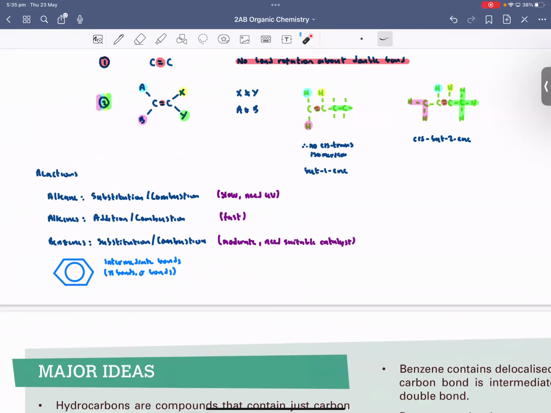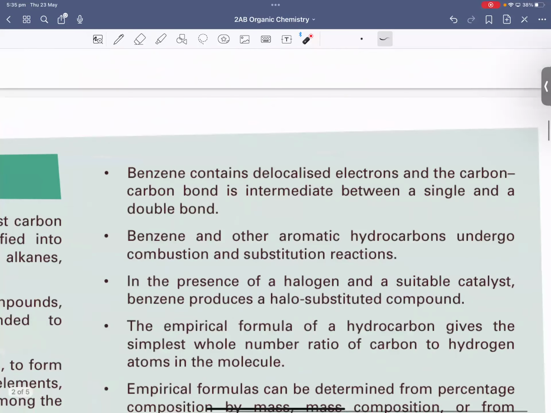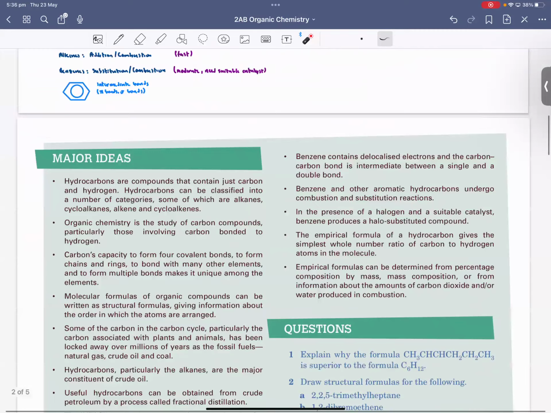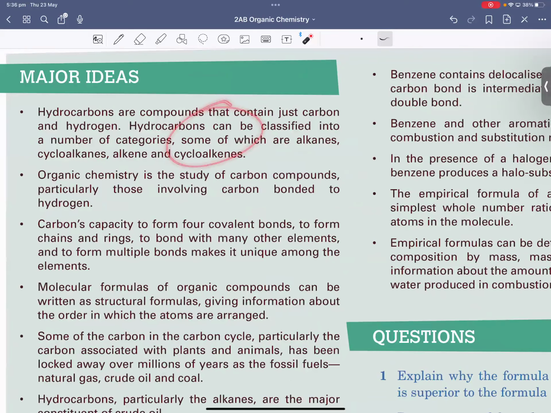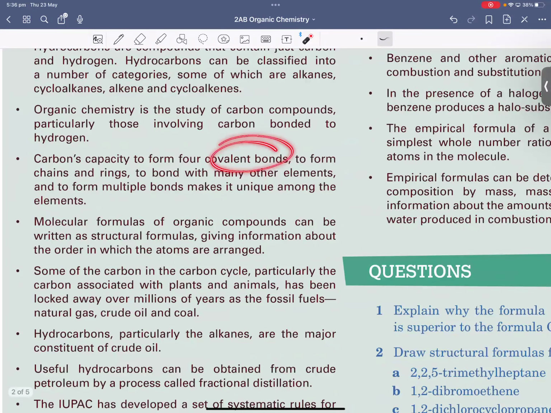That's what you did in year 11 organic. There was nothing else, and you did some empirical formulas, but that's all you did. So we review that. Let's check whether we hit every dot point. Hydrocarbons are compounds that have carbon and hydrogen. There's alkanes, cycloalkanes, alkenes, whatever. Carbon can form 4 bonds.